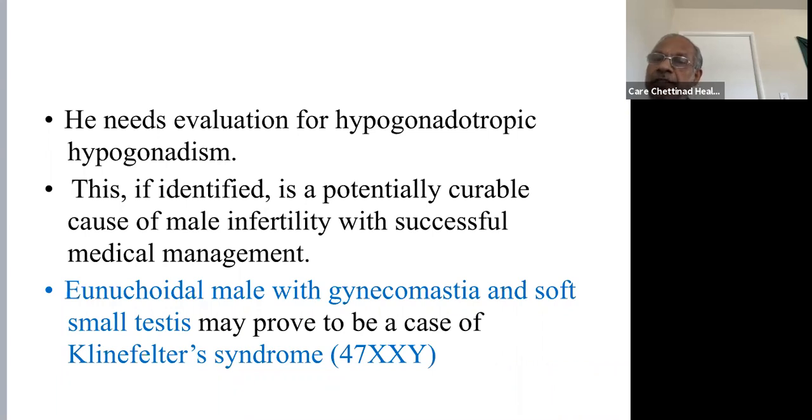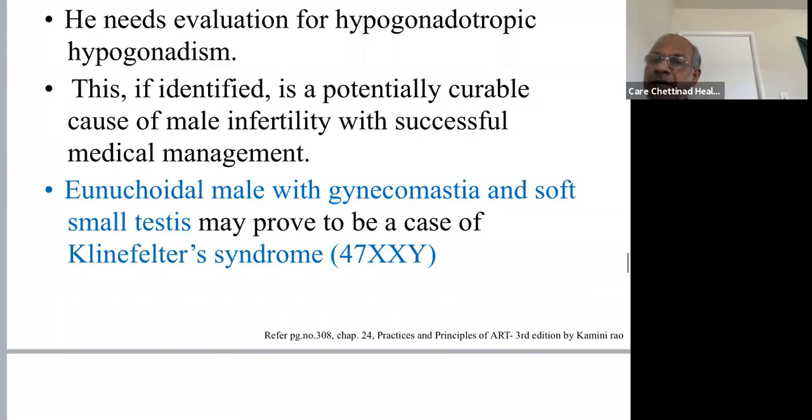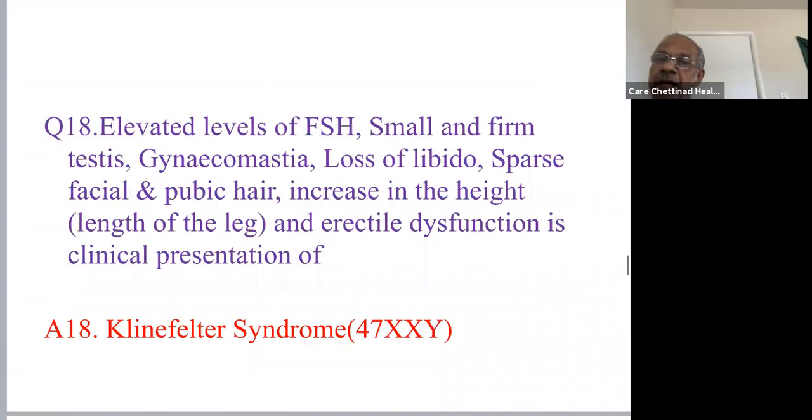And if they have eunuchoid features with gynecomastia and soft small testes, you have to think of Klinefelter syndrome, and the karyotype will tell you it's 47XXY. If these men with Klinefelter syndrome have elevated levels of FSH, small and firm testes, gynecomastia, loss of libido, sparse facial and pubic hair, increase in the height, erectile dysfunction, that is the clinical presentation.